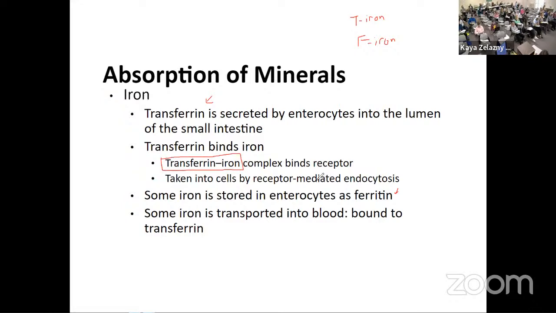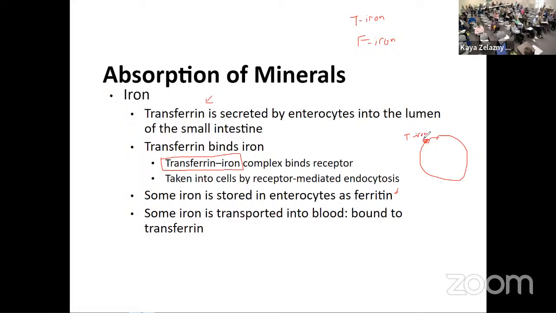Your cells recognize this transferrin iron complex. And so when your cells come into contact with that T iron, those 2 things bound together, there's a receptor that notices it, and then you're going to move that whole complex into the cell through endocytosis. So we have essentially our little cell, we'd have a receptor, it would notice the T iron.